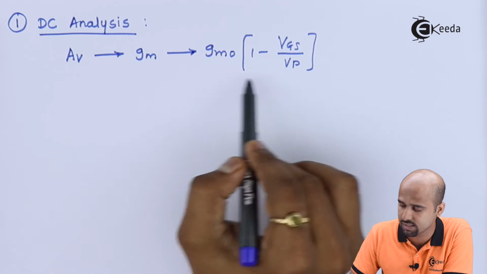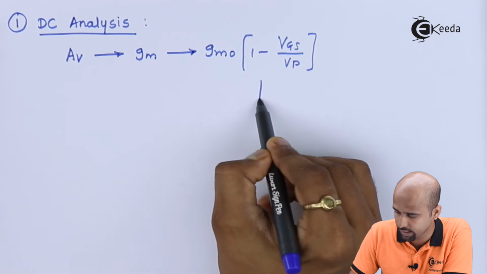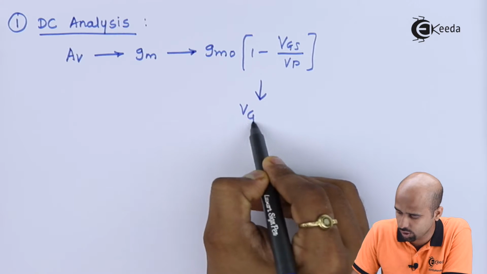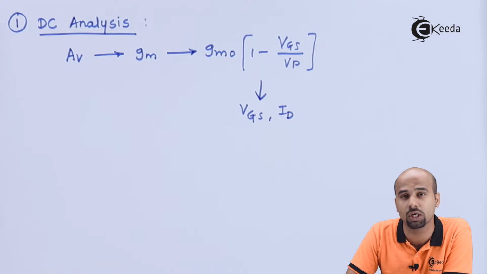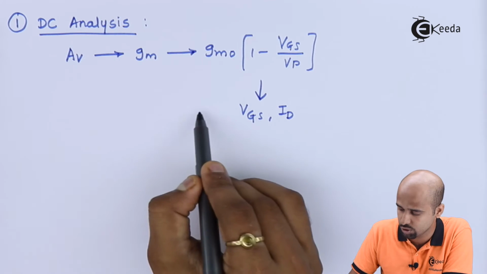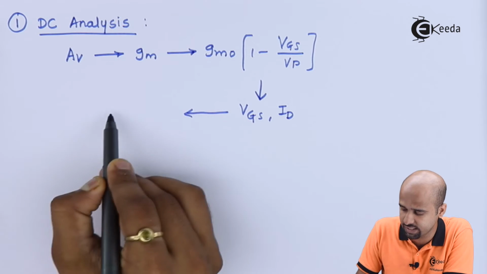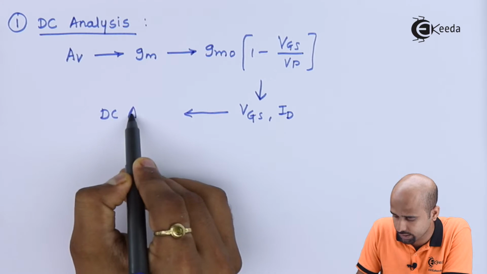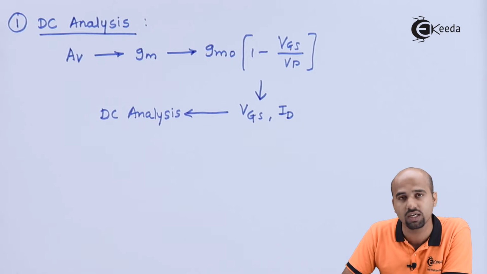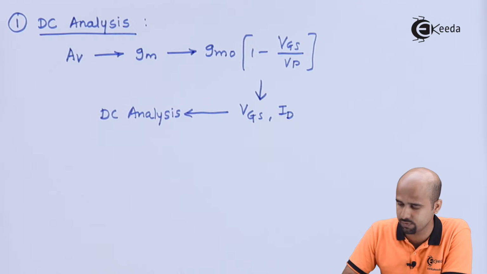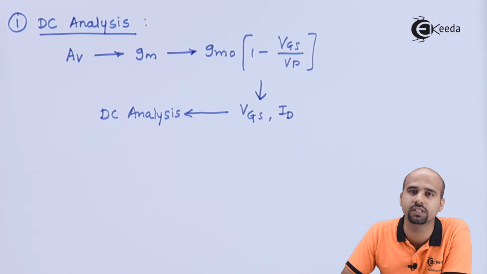And this is been achieved by calculating the value of VGS and ID. There is no another option. That means to calculate VGS and ID, we have to go for DC analysis, right? So for DC analysis, we will start with opening the capacitors, that is coupling and bypass capacitor.